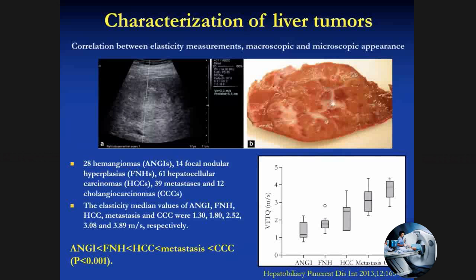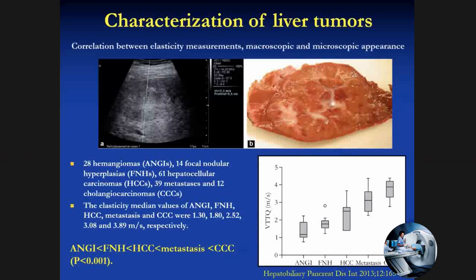In this study, they enrolled some hemangioma patients, FNH, HCC, metastasis, and cholangiocarcinoma, and put the ROI within the tumor and got the stiffness value of every tumor. They found the elasticity median values of hemangioma, FNH, HCC, metastasis, and cholangiocarcinoma are totally different. The stiffness difference could be used for diagnosis, and the p-value is quite low.